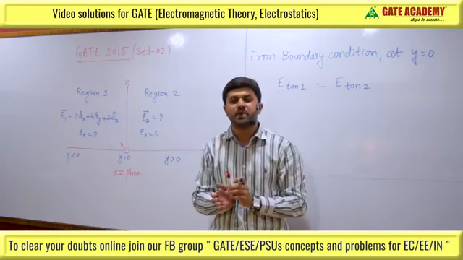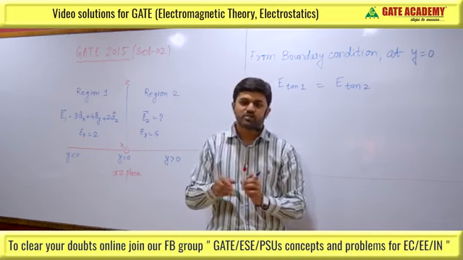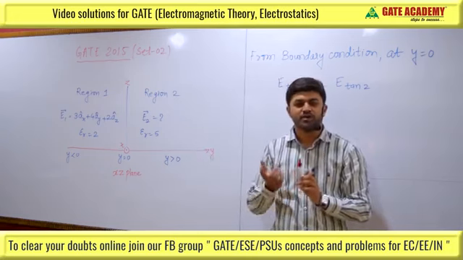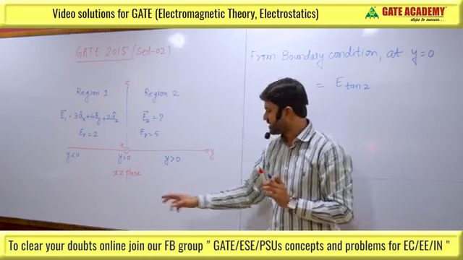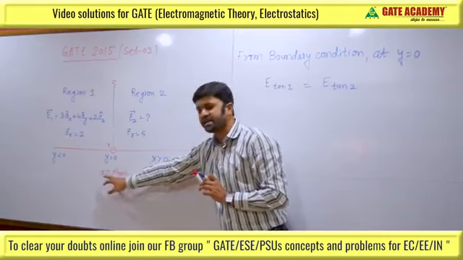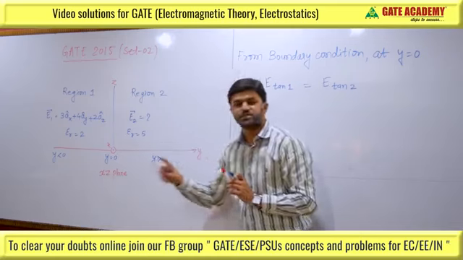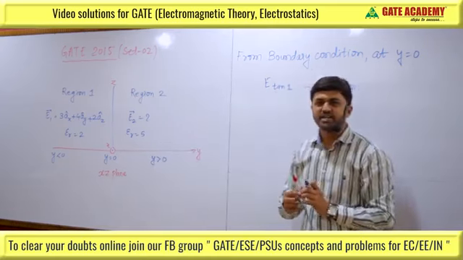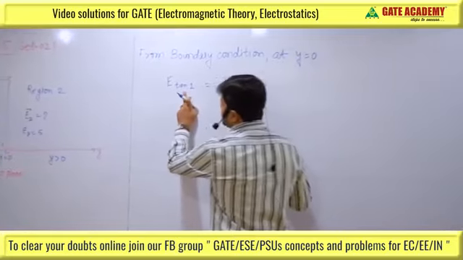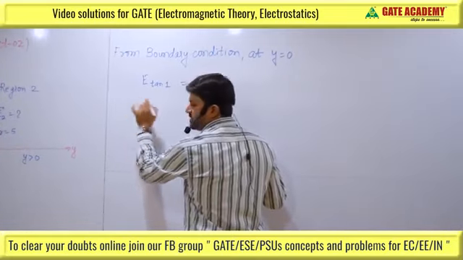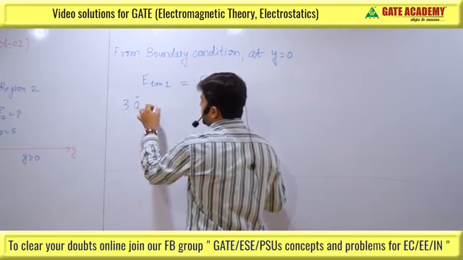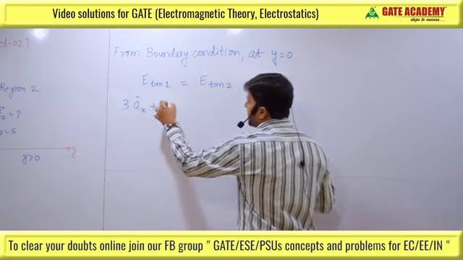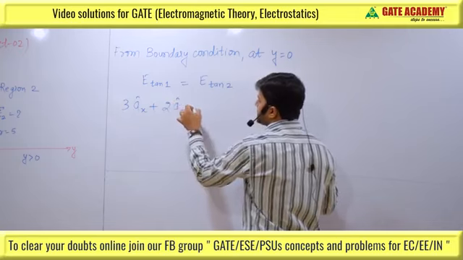So for the xz plane, y will be the normal, so the y component will be the normal electric field component and the xz components will be the tangential component. That's why we are writing xz here. y equal to 0 means xz. So x and z will be the tangential components, and for electric field in region 1, the tangential components are 3ax and 2az.